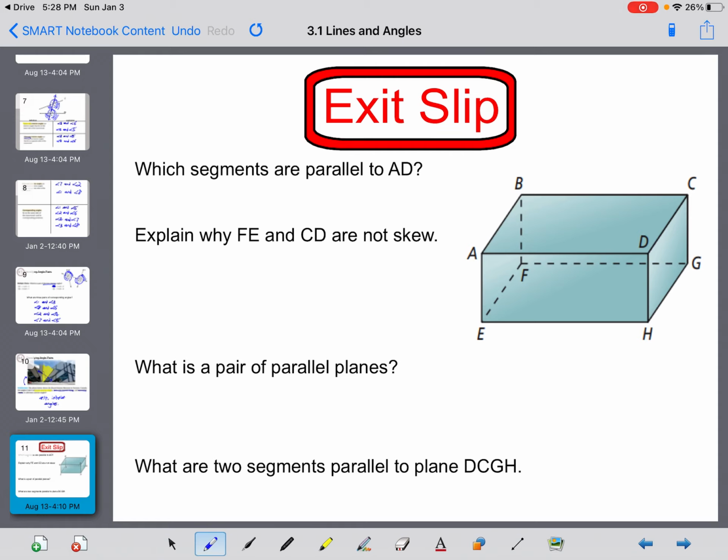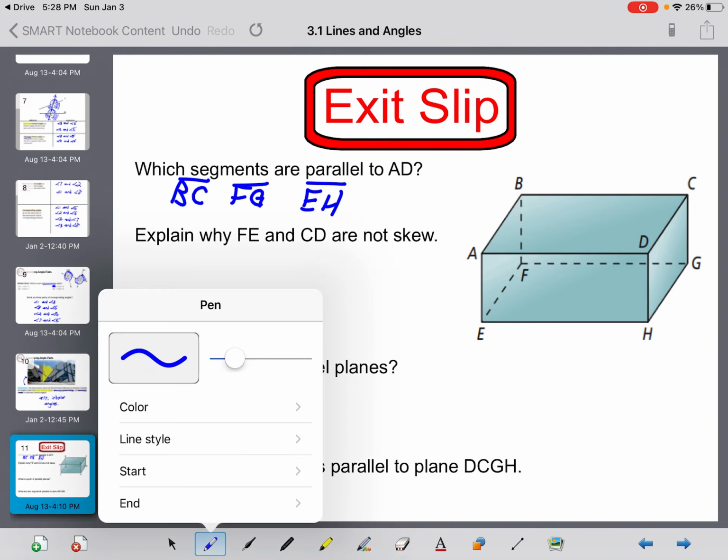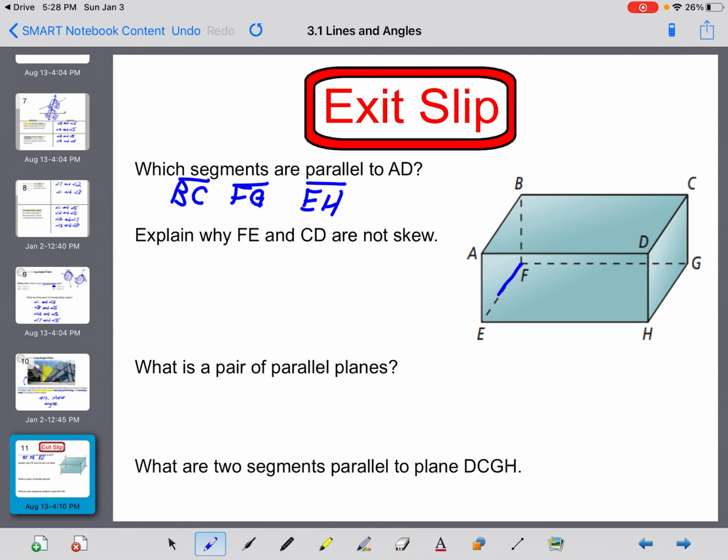Which segments are parallel to AD? Well, AD is going to be parallel to BC, FG, and EH. Next, they want you to explain why FE and CD are not skew.